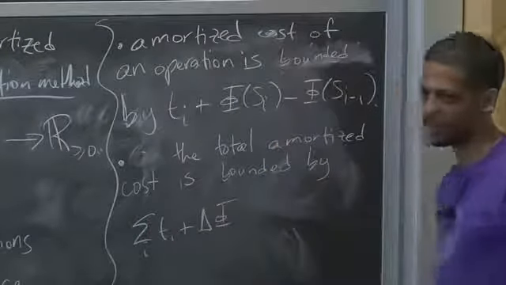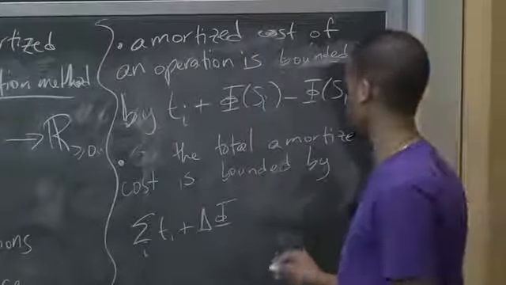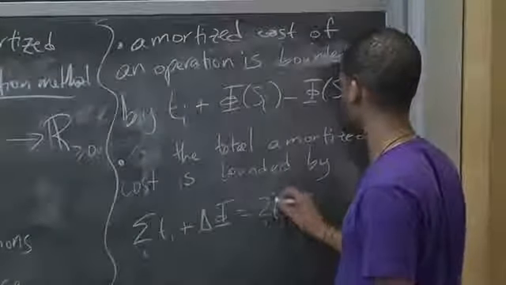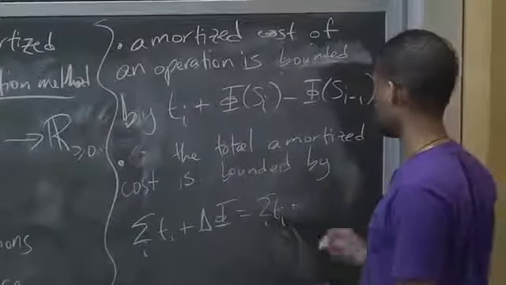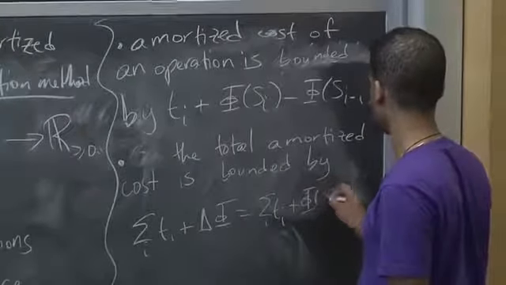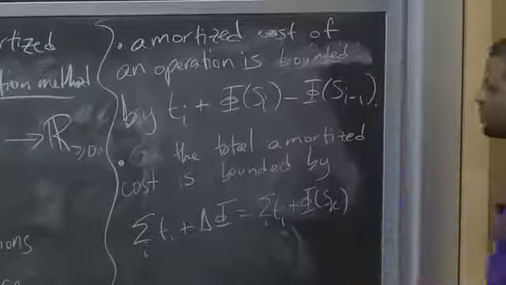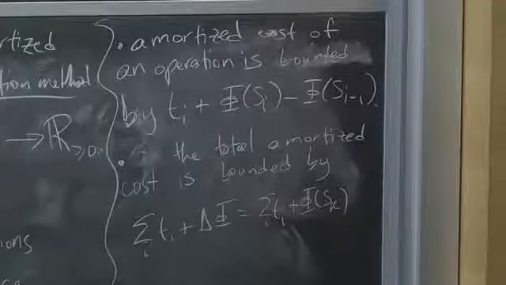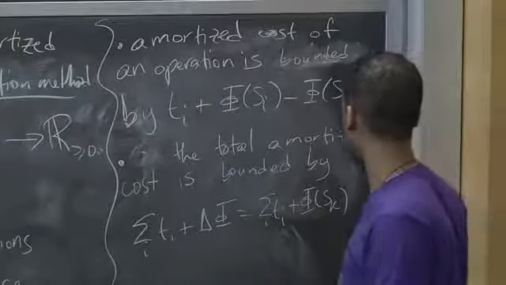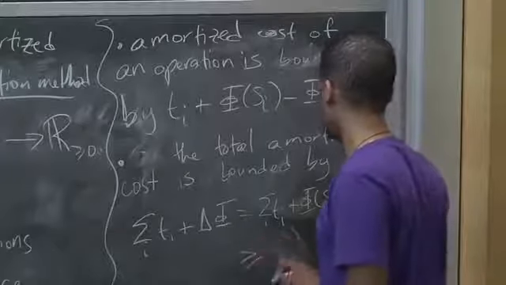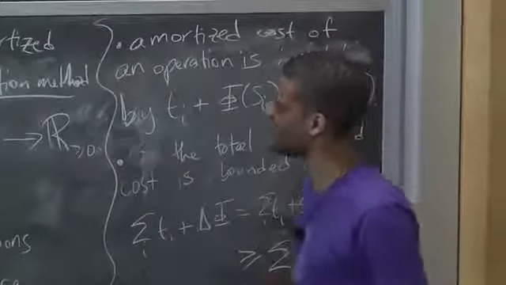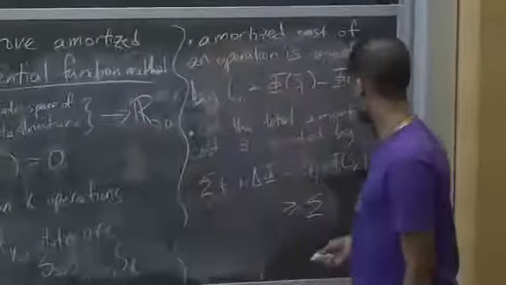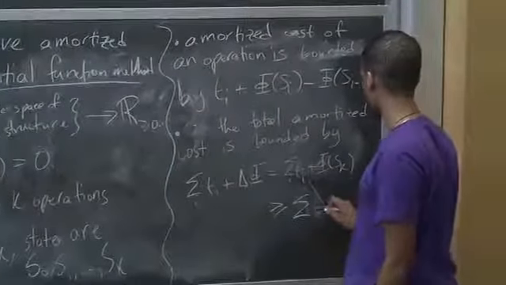But this is a telescoping sum, and all we're left with is the sum of the actual costs plus the final potential minus the original potential, which was 0. If we started with an empty data structure, it's 0. Which is certainly at least the actual cost, remember that phi maps into positive numbers. So this is at least the actual cost.